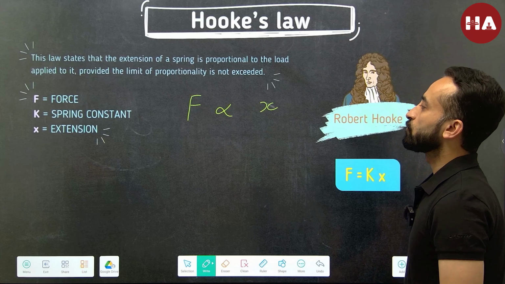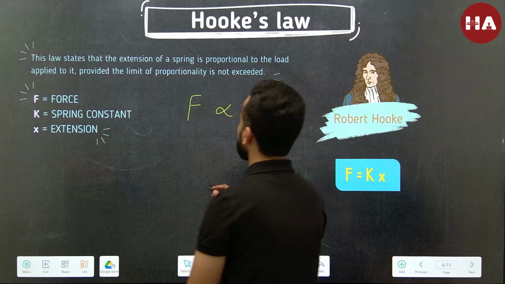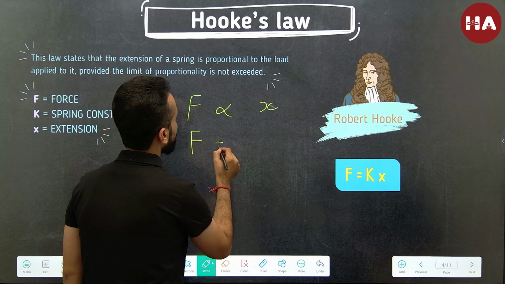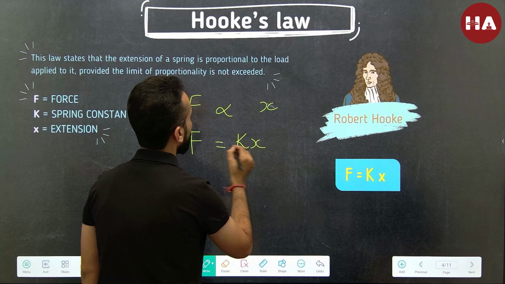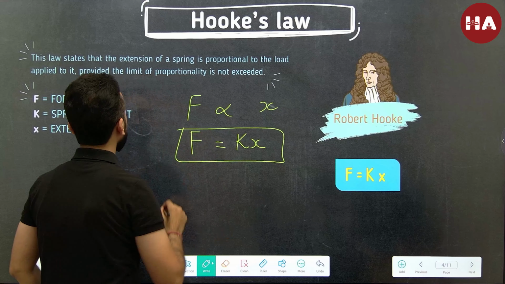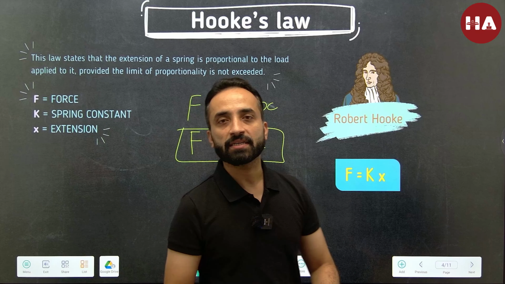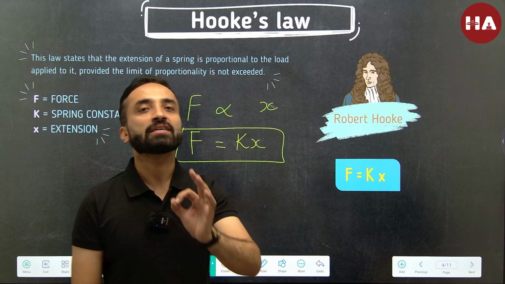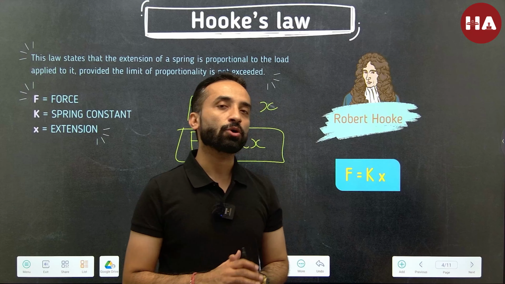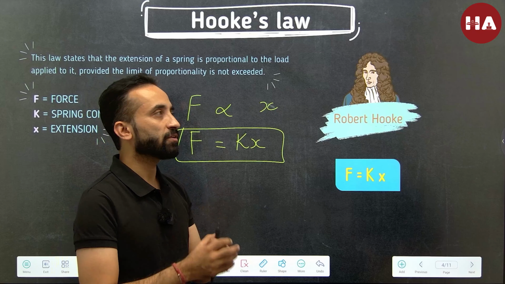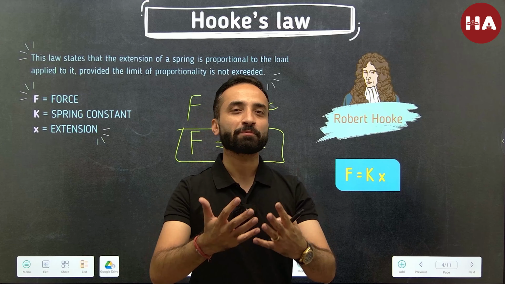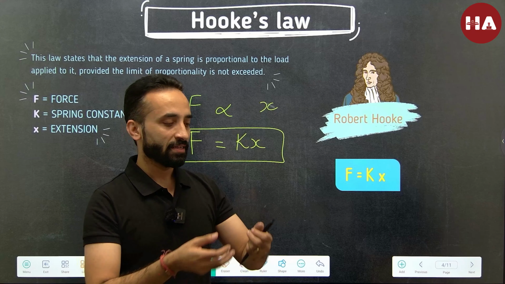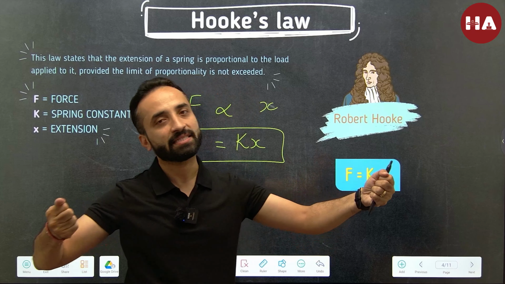All right. So force is directly proportional to the deformation, and then there is a constant of proportionality, and we call that the spring constant or the stiffness constant. It depends on the type of spring. We will see how. Not every spring will behave in the same fashion. Some springs will easily extend.